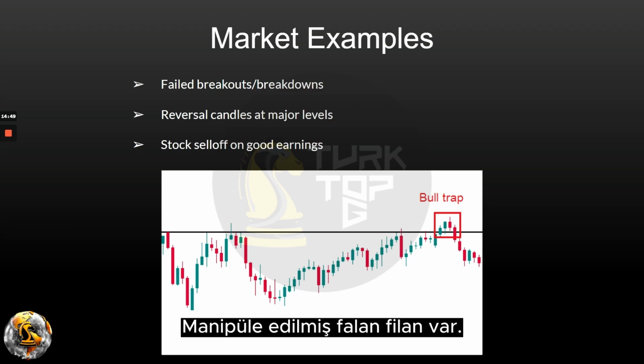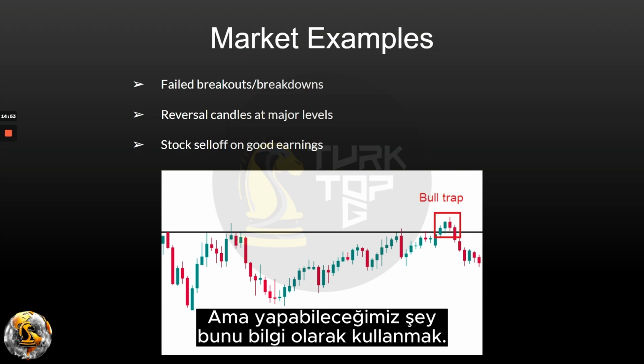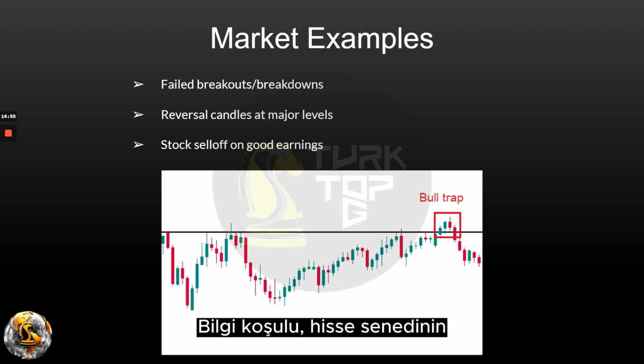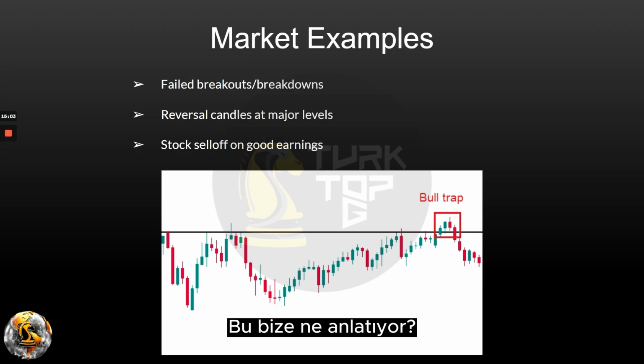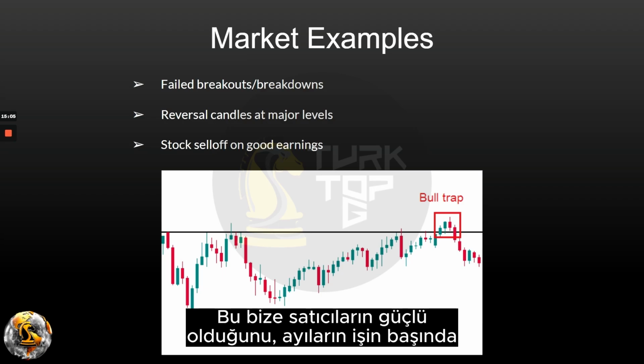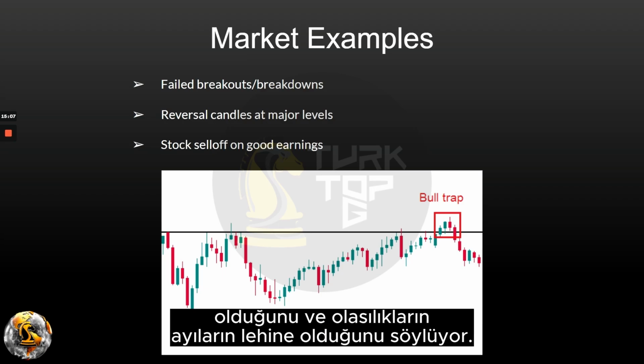What's going on? The markets are manipulated, blah, blah, blah. But what we can do is use that as information. The condition is that the stock sold off all day on good earnings. What does that tell us? That tells us that the sellers are strong, that the bears are in charge, and the probabilities are in favor of the bears.